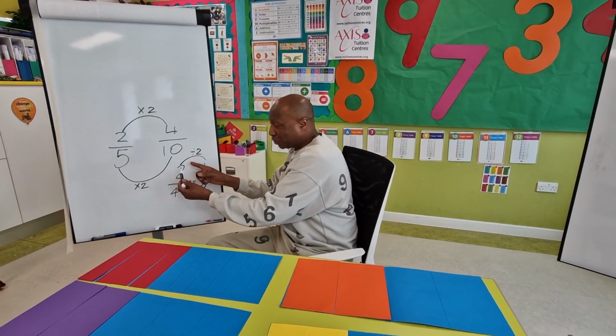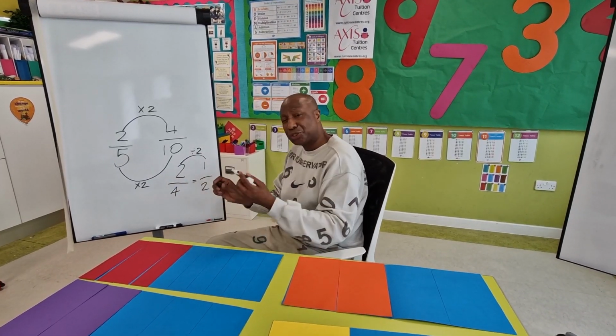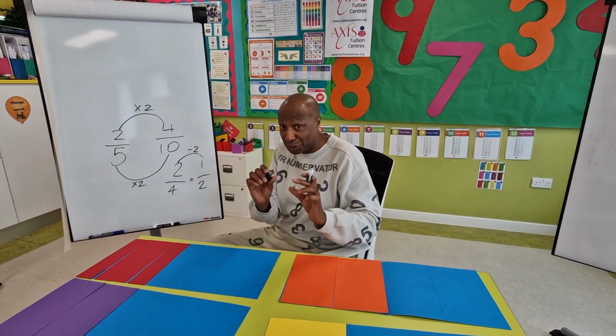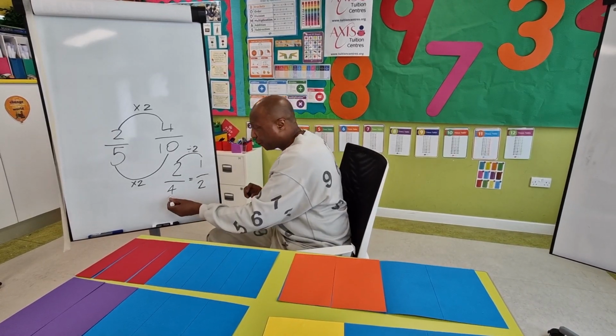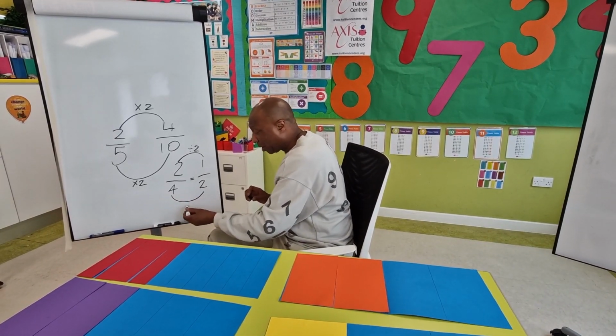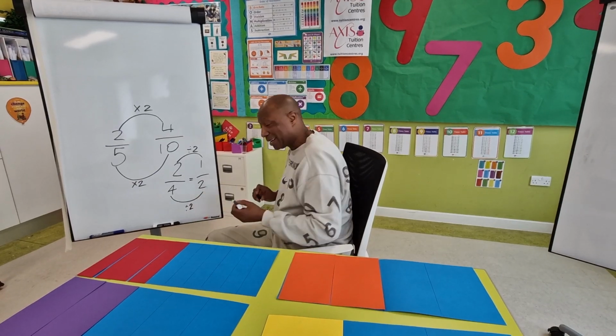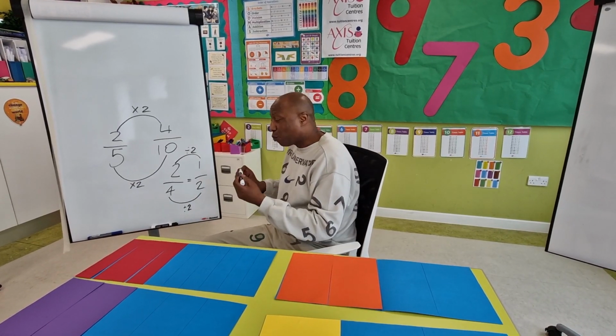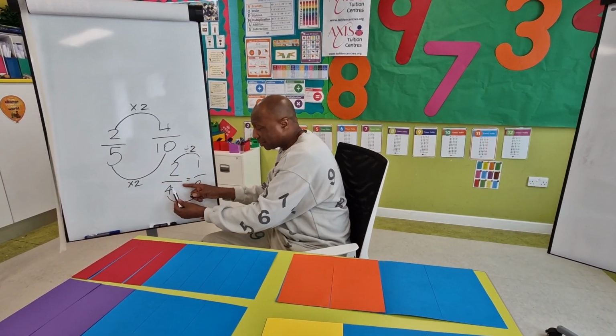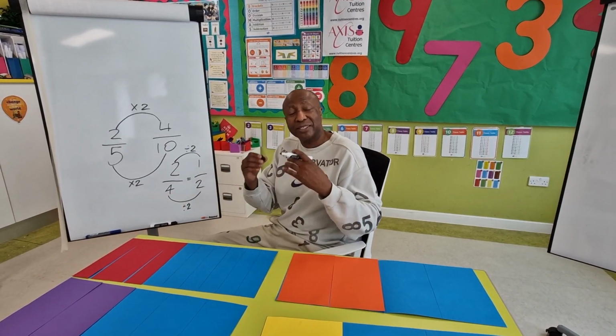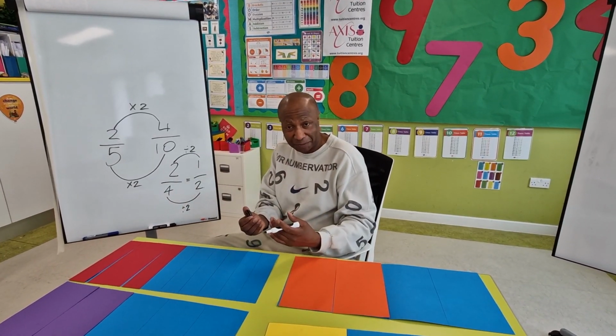And whatever we do to the numerator, we must do exactly the same thing to the denominator. 4 divided by 2 is 2. So what I have done to this fraction is I have simplified the fraction.